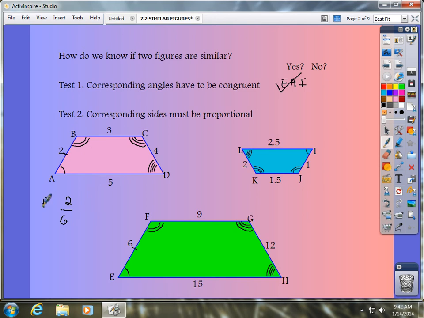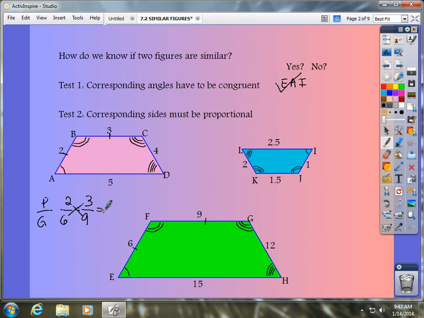Purple, and that's a greenish yellow, but I'm going to call it green. It has to be equal to the third side, which is between angles 2 and 3. Between angles 2 and 3, I've got 3 over 9. And if I cross multiply, I get 18 equals 18. So yes, so far it's proportional.